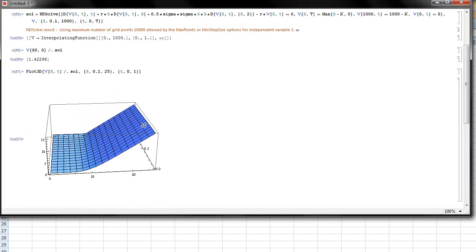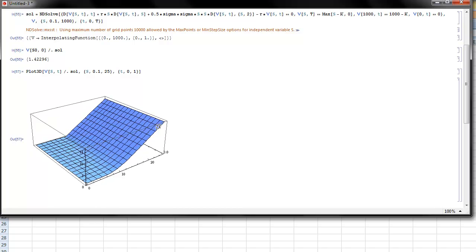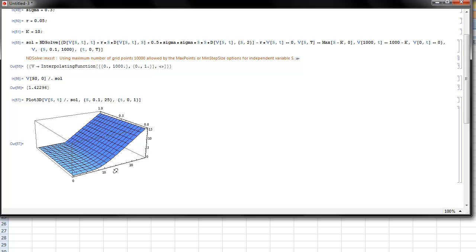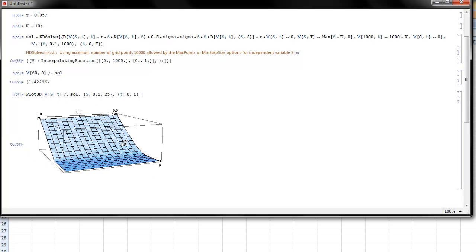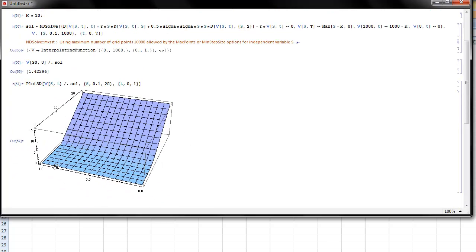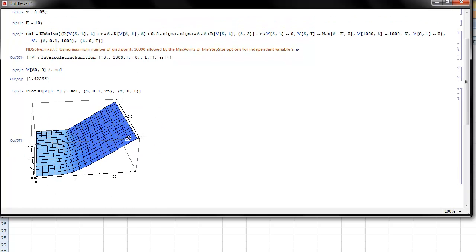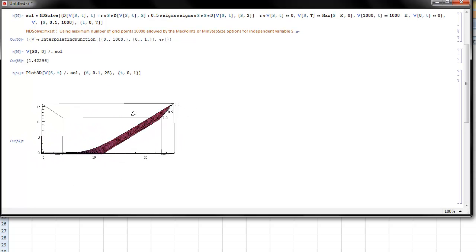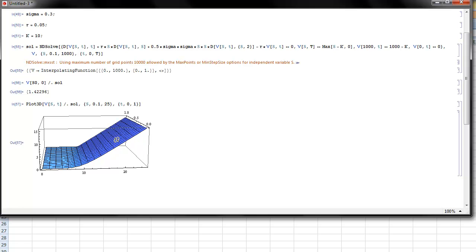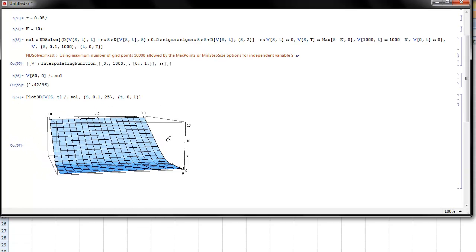It shows combinations of the spot price, which is on this axis, and the time variable, which is on this axis, and its value, which is plotted on the vertical axis over here.